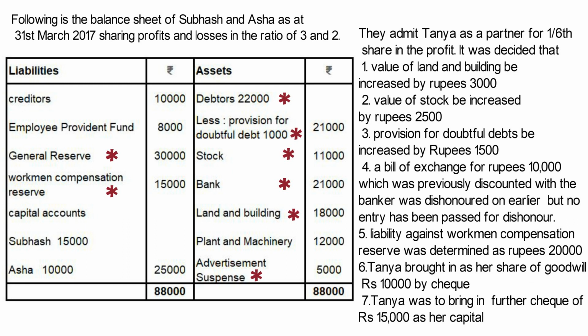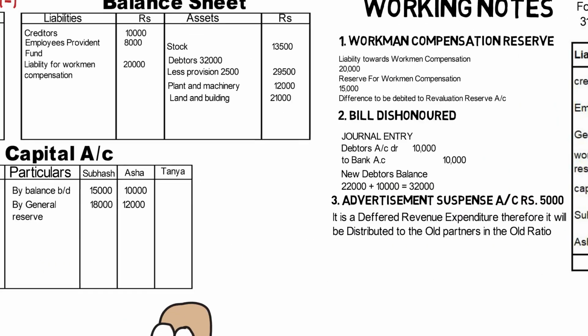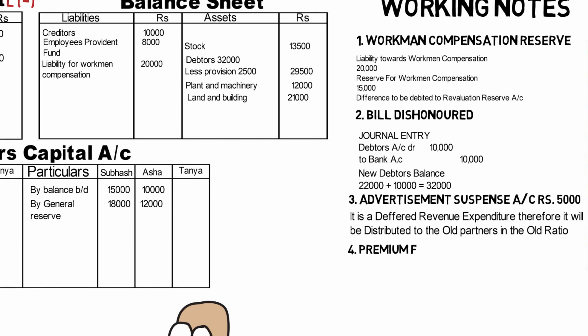The adjustment is done. Provision for doubtful debts be increased by 1,500. Done. A bill of exchange. This adjustment is also done. Liability against workmen compensation. Adjustment done. Tanya brought in as her share of goodwill Rs 10,000 by check. This adjustment will be done in a working note.